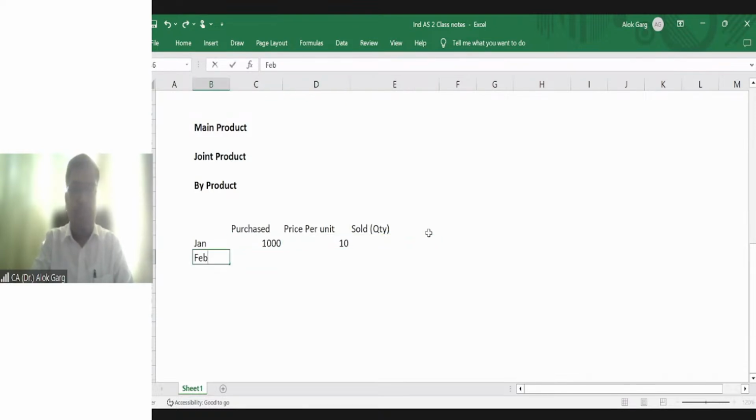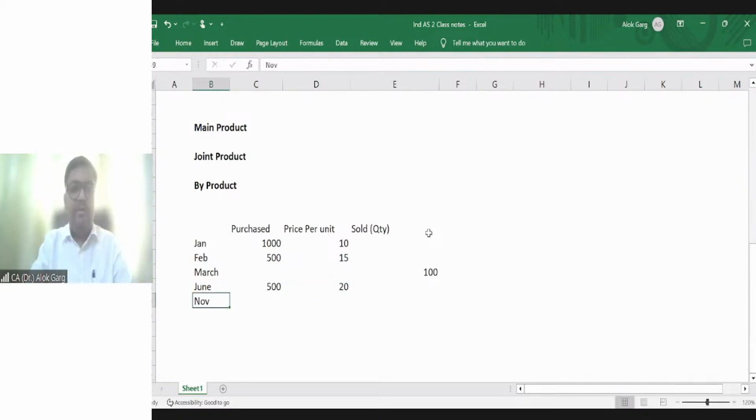In February, there is again a purchase of 500 units, at 15 rupees per unit. In March, there is a sale of 100 quantity, and then 500 units purchased at 20 rupees per unit.